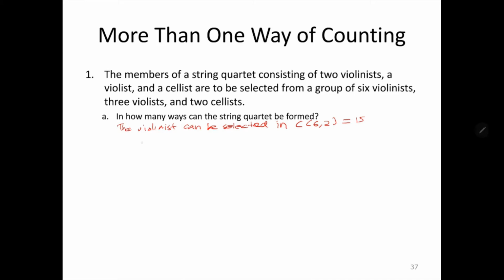What about the violist? This can be selected in how many ways? We have only 3 violists and we need one of them. If you count it, it will be 3 ways. What about the cellist?